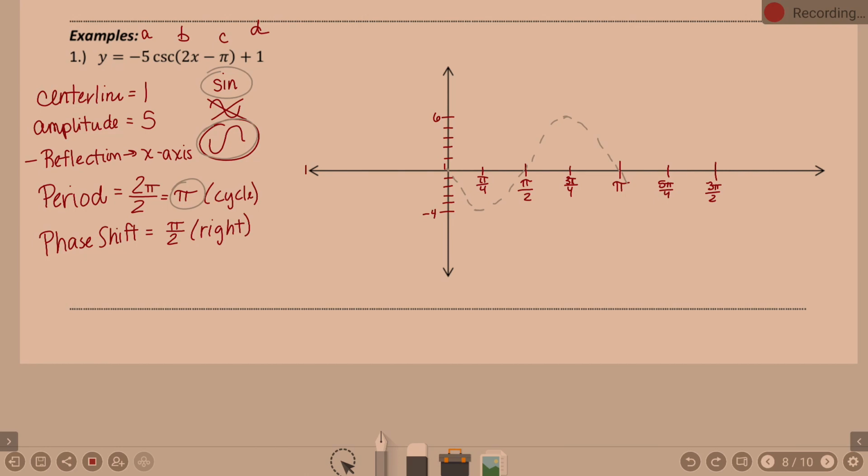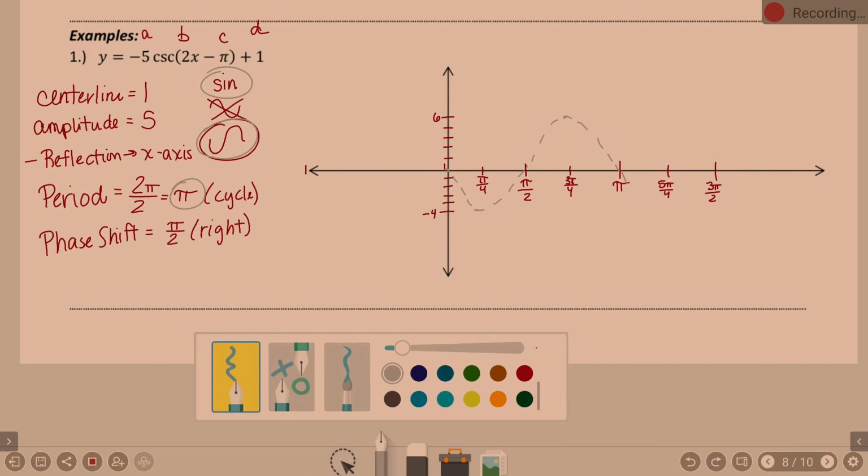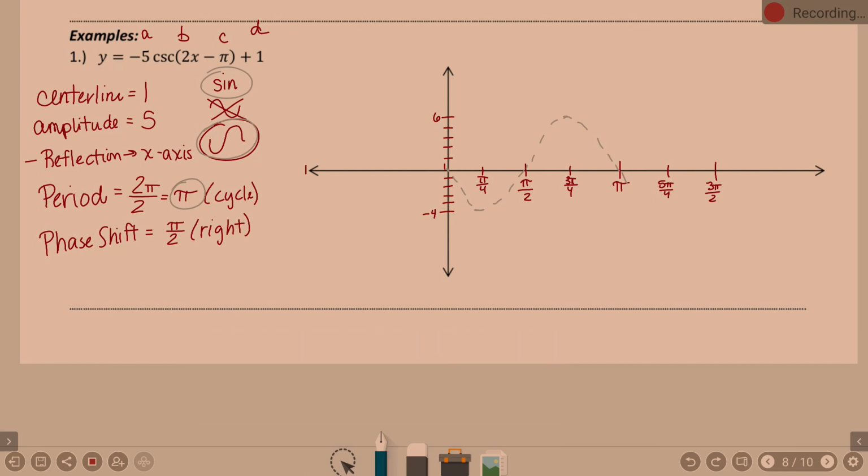What do we actually have to do, though, with this? We're going to shift it. We're shifting it pi over 2 right. So everything I just did moves to the right 2 tick marks. So instead of starting at 0, I'm starting at pi over 2. My low now is going to be below 3 pi over 4.